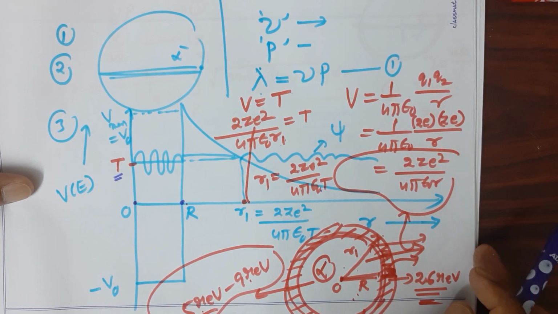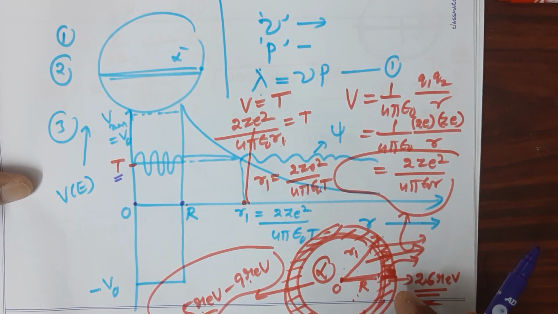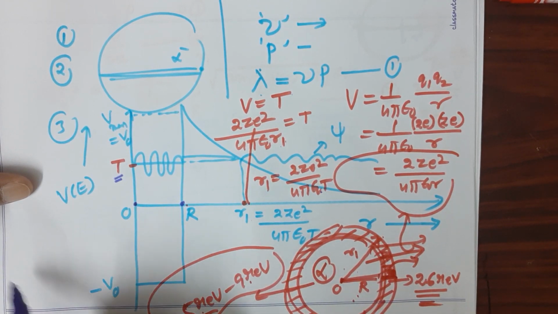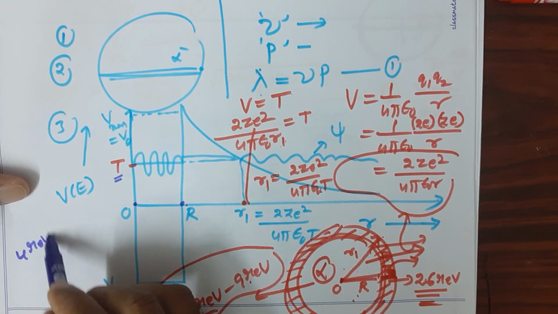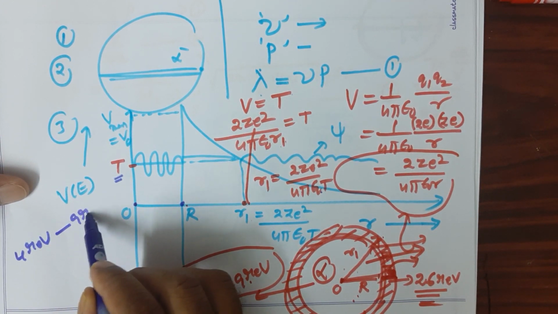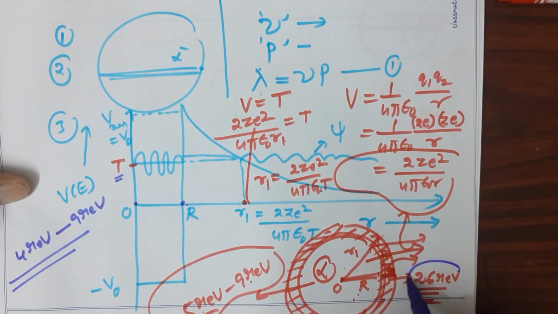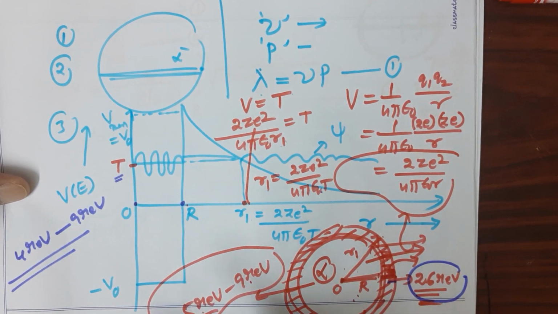Okay. So here the concept is, according to classical physics, since the alpha particle has energy in the order of 4 MeV to 9 MeV, but the height of the potential barrier is 26 MeV, there is no probability to leak through the potential barrier, because the alpha particle kinetic energy is very small compared to 26 MeV.